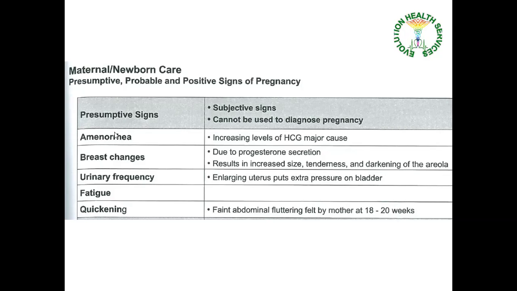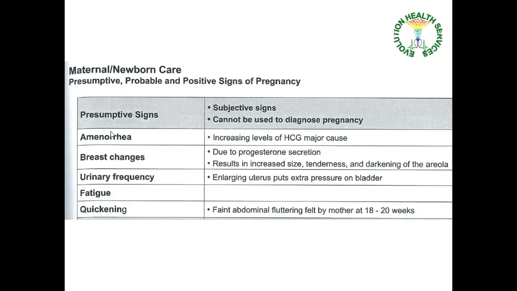So amenorrhea is the first or primary sign of pregnancy, but amenorrhea does not mean the mother is pregnant. There are so many causes of amenorrhea as well, right? Amenorrhea means stoppage of menstruation.